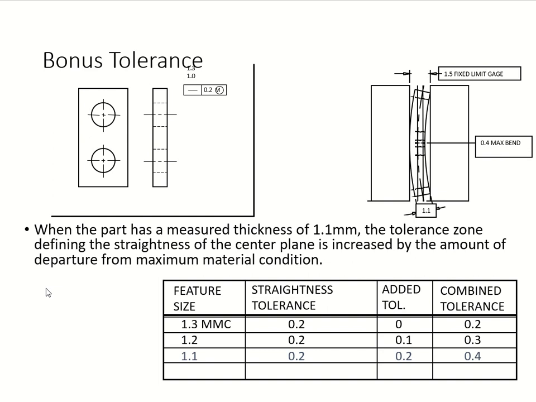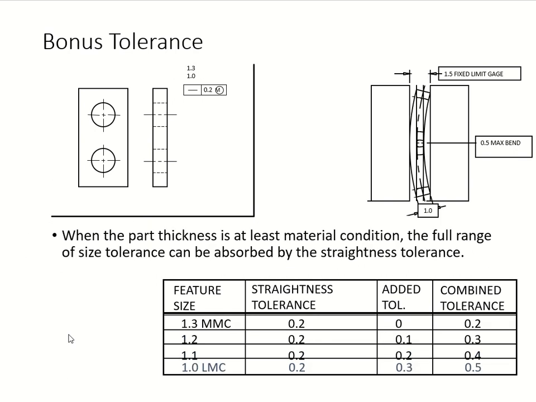With a bonus of 0.2 you have a combined 0.4, and 0.4 is your max band right here. And you can go 1.5 from here to here. That's your fixed limit for your gauge. Then we go to a 0.5 max band, because our bonus is 0.3 right now in addition to our regular 0.2.